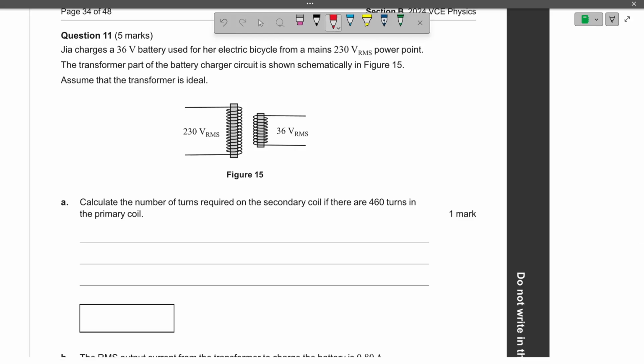You've got your transformer equation. Let me write it out quickly. V primary over V secondary is equal to N primary over N secondary. We want N secondary. Doing a bit of algebra, you get N secondary equals NP Vs over Vp. Chuck your numbers in.